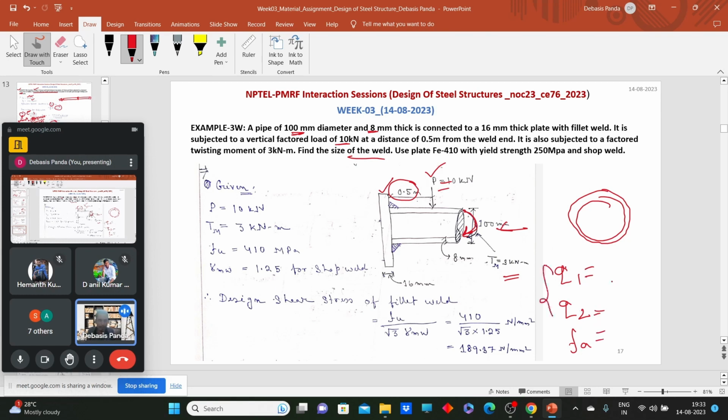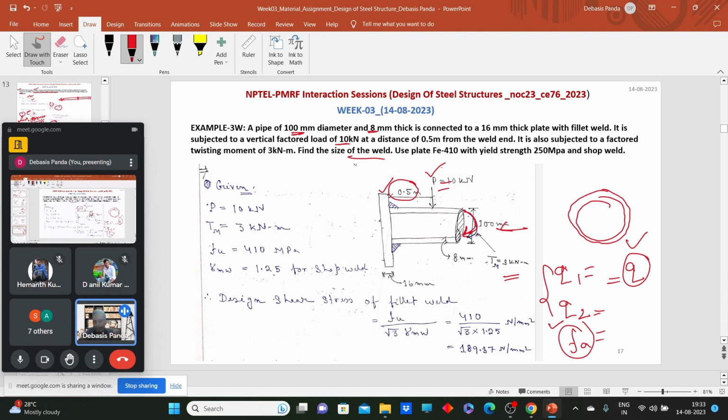From the two shear stresses, we will get a resultant shear stress q, and we will have a direct or normal stress fa. Now we have two stresses, shear and normal, so we have to go for that clause that says the equivalent stress will be under root of fa square plus 3q square, and that should be less than or equal to fu by root 3 gamma mw. Using that equation, we can solve this problem. So let's quickly solve it.